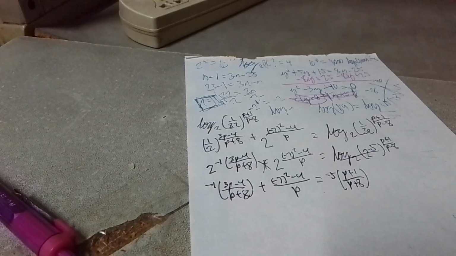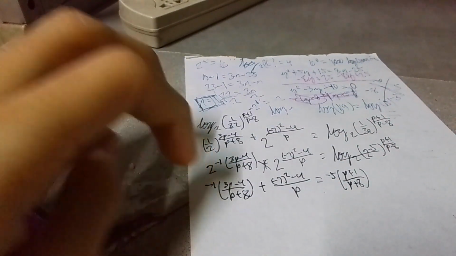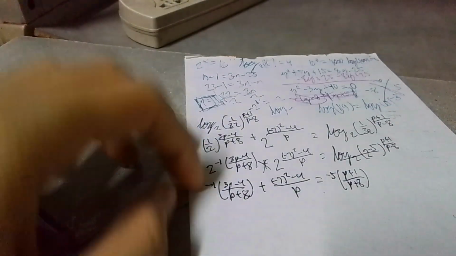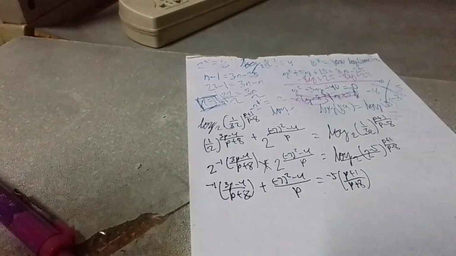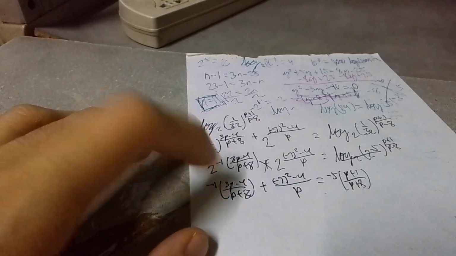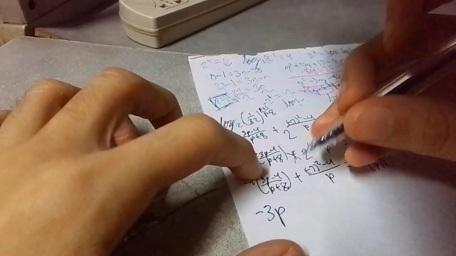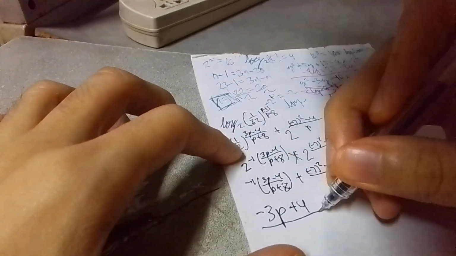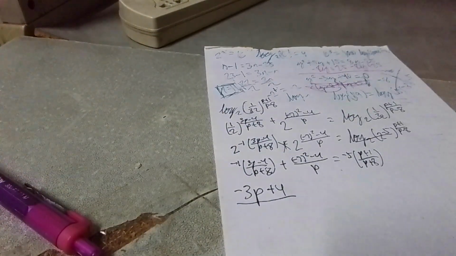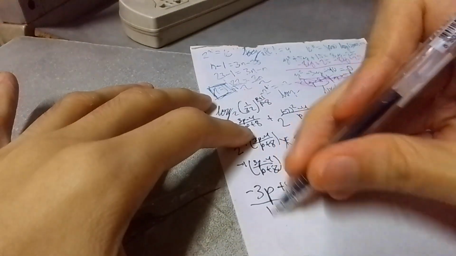Now, let's apply the math. Let's distribute. So negative 1 over 1, remember, we multiply the numerators and the denominators. Negative 1 times the binomial 3p minus 4 is equivalent to negative 1 times negative 3 is negative 3p. Negative 1 times negative 4 is positive 4. Very good. On the denominator, positive 1 times p is still p, all by itself.